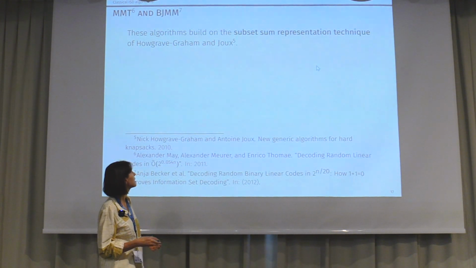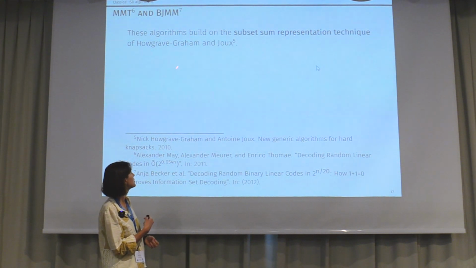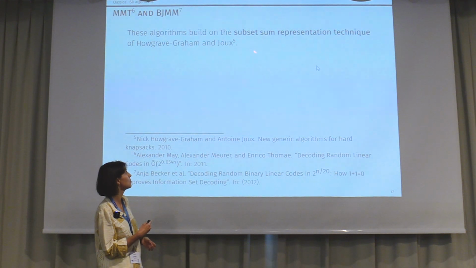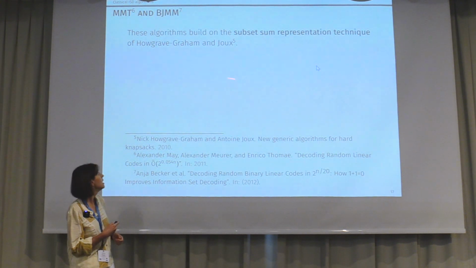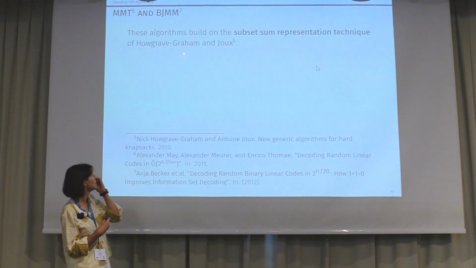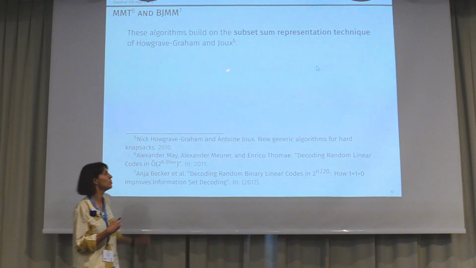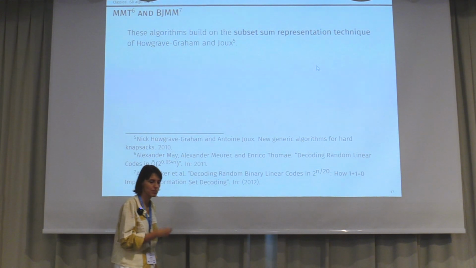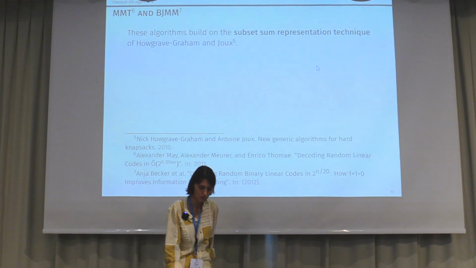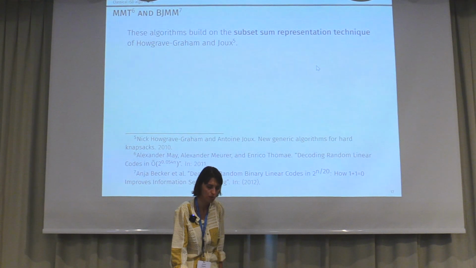In this particular case, the authors used the representation techniques for solving the subset sum problem, which is very connected to the codeword finding problem. This was given by authors whose surnames I'm afraid to pronounce: Howgrave-Graham and Joux. These are the people that actually introduced these representation techniques for the subset sum problem.